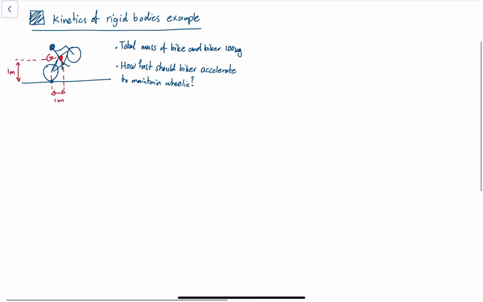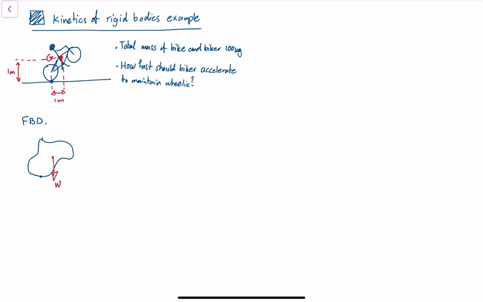So for the free body diagram, I'm going to draw the entire bike here, the bike all together. And this is the contact point with the ground. I know at the center of mass, the total weight of the system is acting.